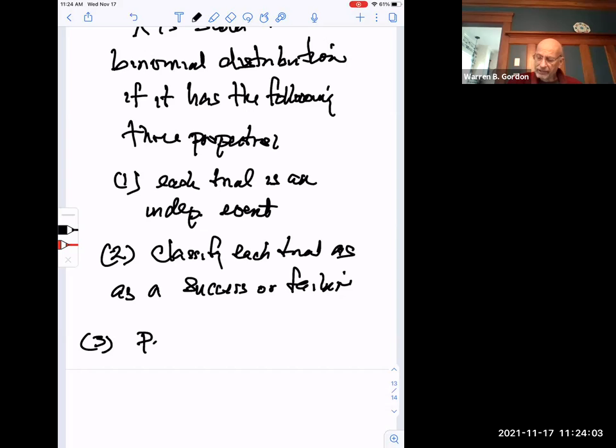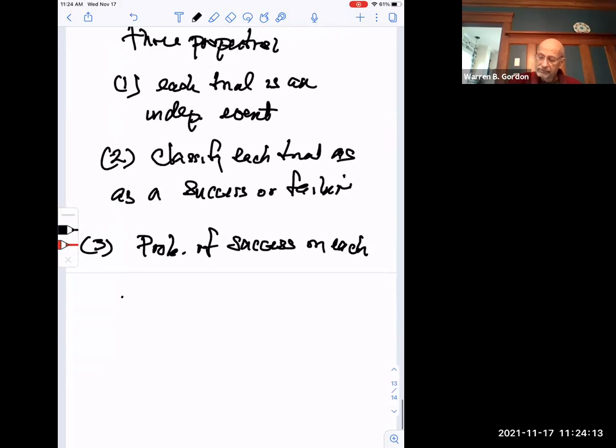And the probability of success or failure on each trial is the same. Any experiment that has these three properties is a binomial experiment. Let me give you an example.